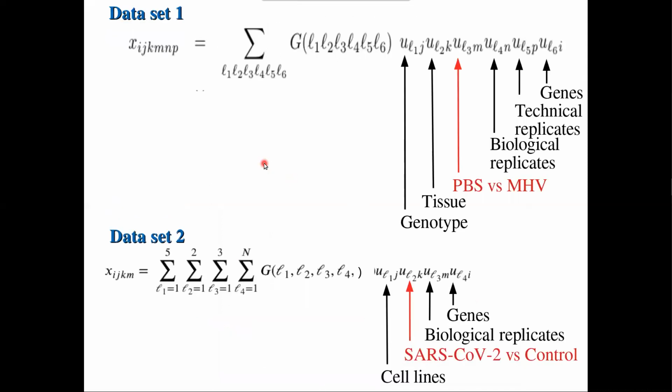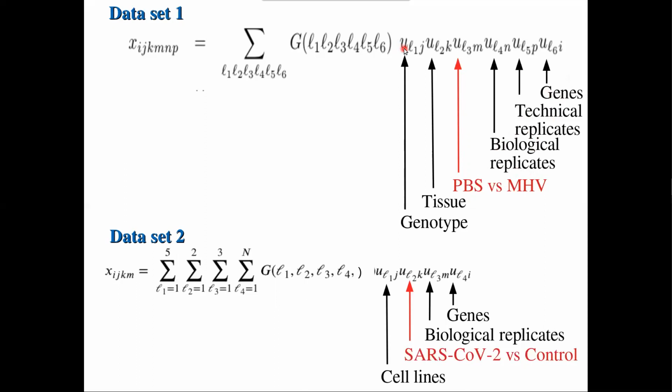With some mathematical trick, we can decompose these tensors into the product of 6 vectors or 4 vectors. Each of the 6 vectors represents the dependence upon genotype or tissue, or whether it is control or MHV infection, or biological replicates or technical replicates or genes.